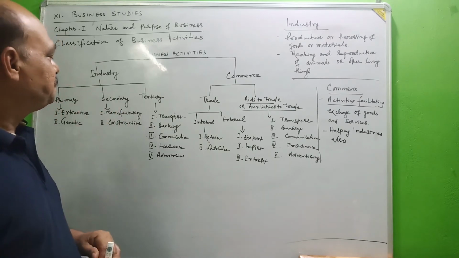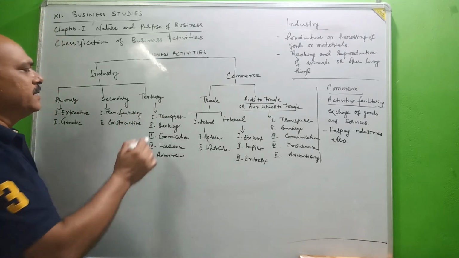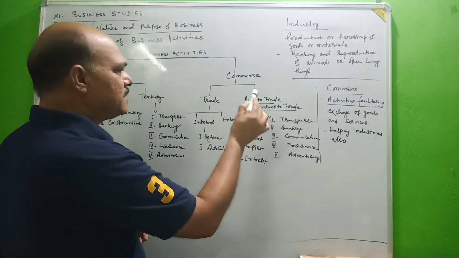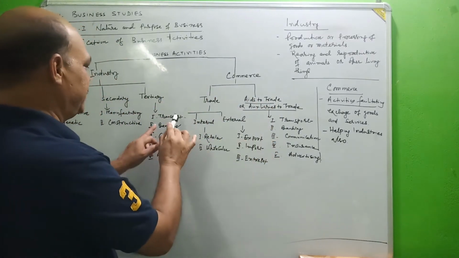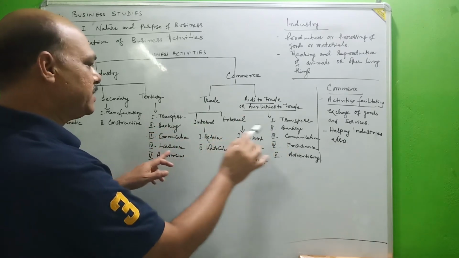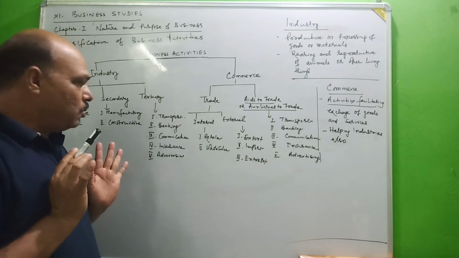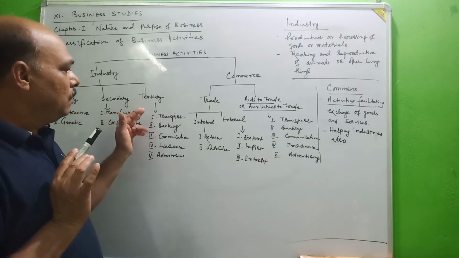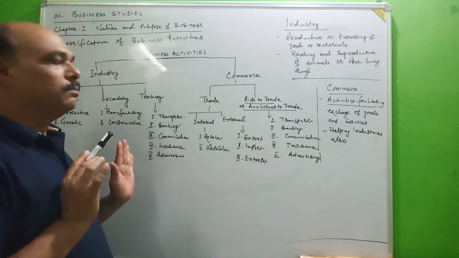Then you take the tertiary industries. You see one thing here: tertiary and the aids to trade under commerce are the same. Transport, banking, communication, insurance, and advertising. These points are under both headings.